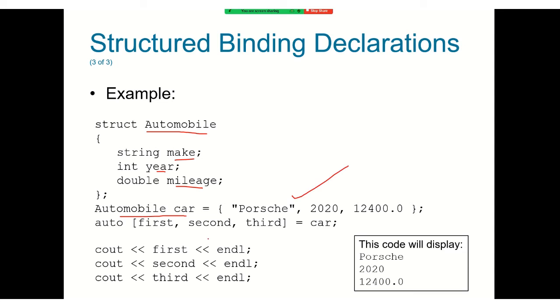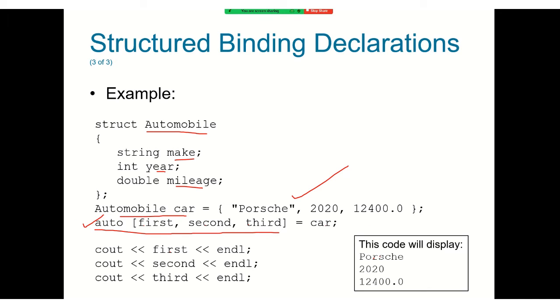You define the structure in this way. Then you do auto, like first, second, third, and that maybe equals car. This is a template kind of thing.